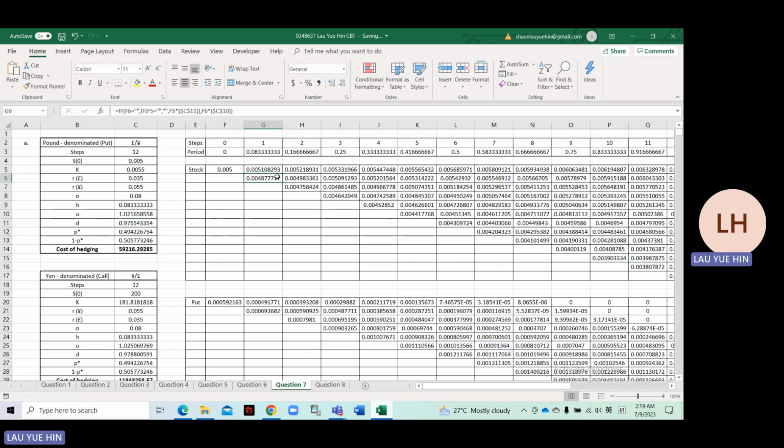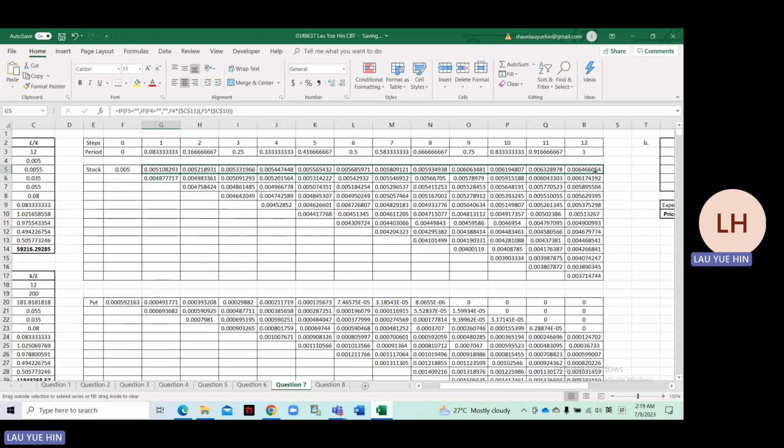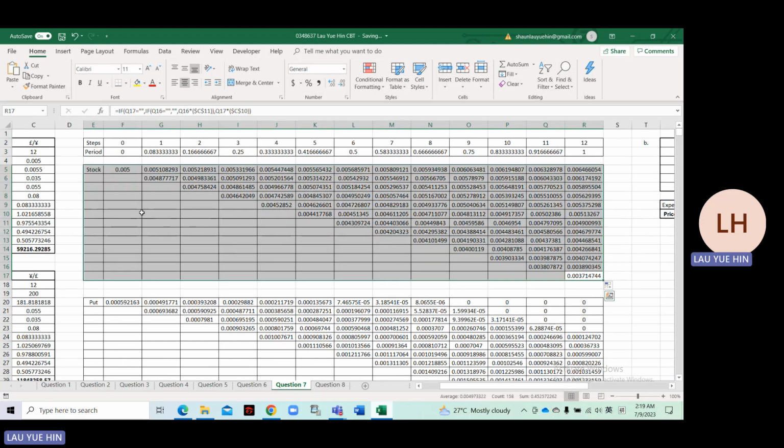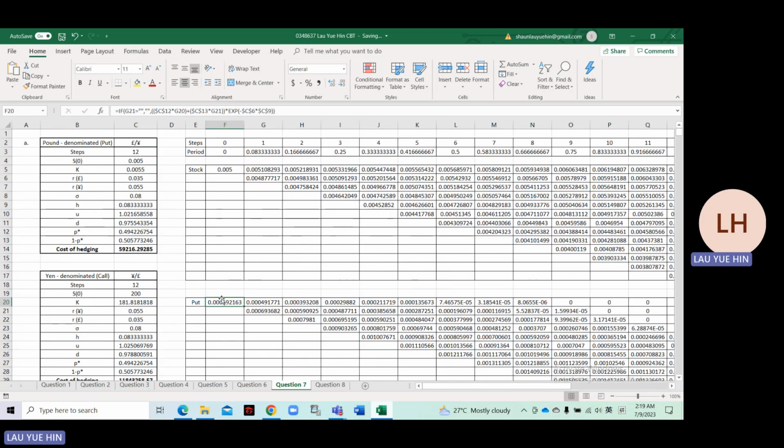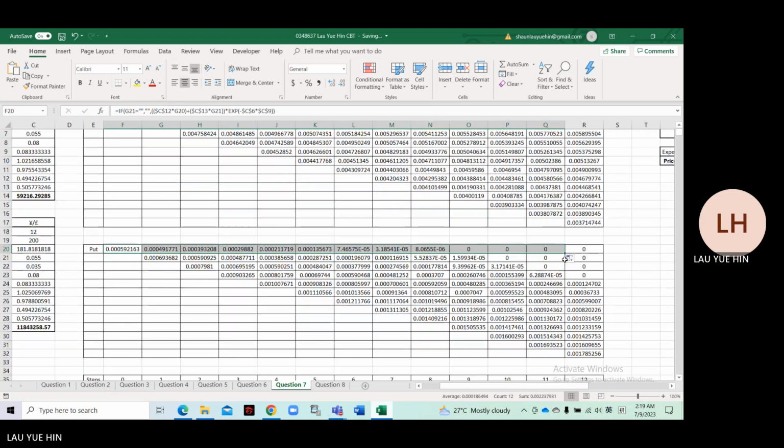And so I drag everything down here until here, and then I'll construct the stock binomial tree. So to find the put binomial tree, the same formula I mentioned in question 1, and then I drag everything from here to here, and then from here to here.